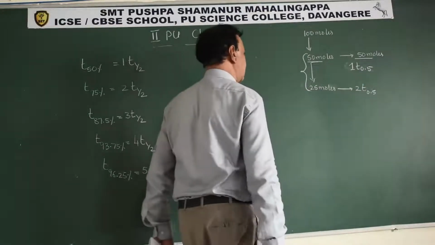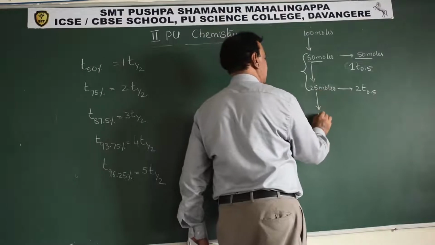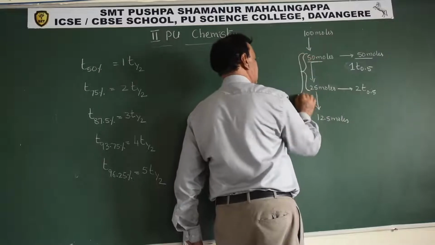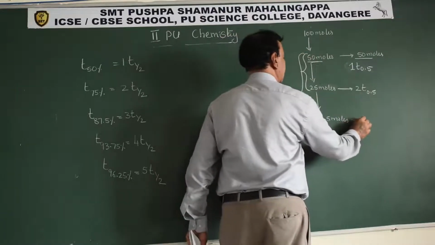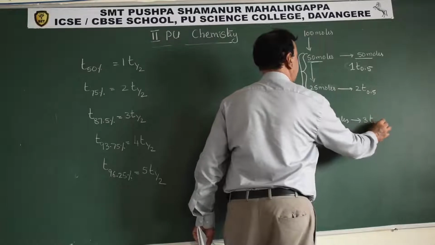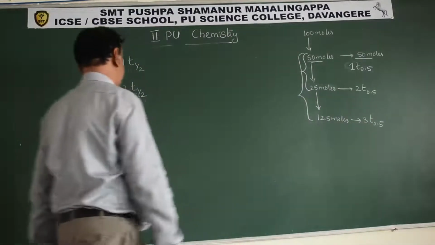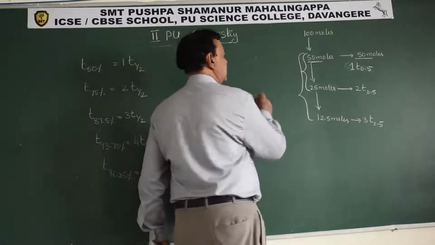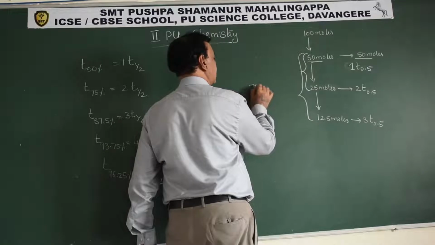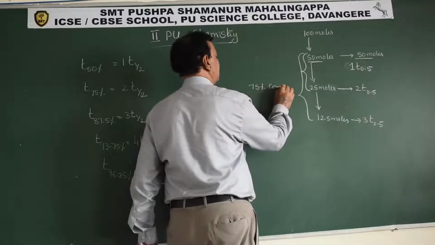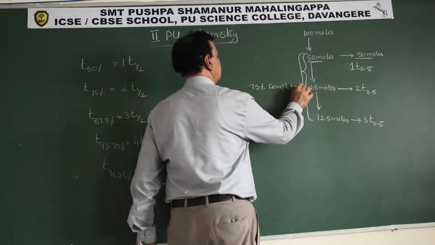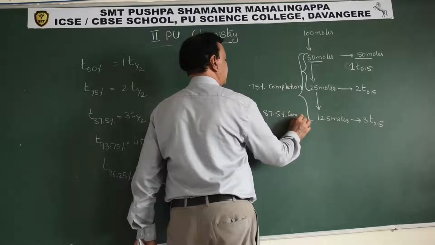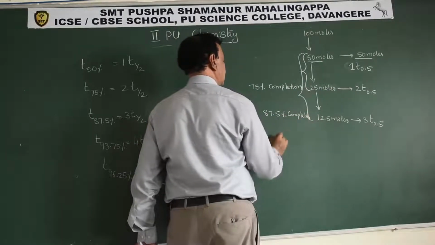Now again 12.5 moles remaining. This is 87.5% completion, that is 3 times the half-life period. 75% completion, 87.5% completion.